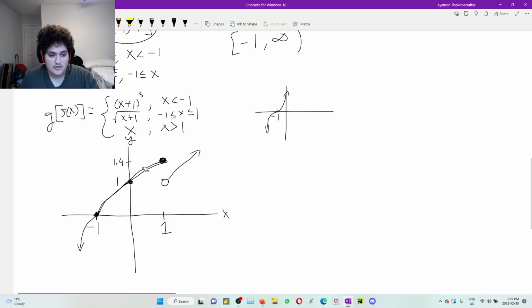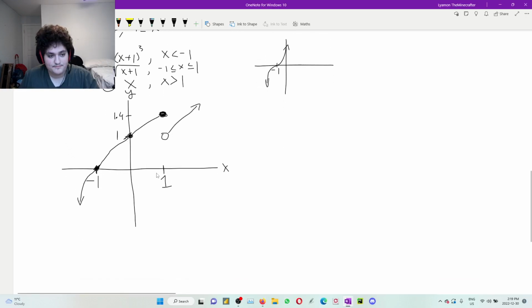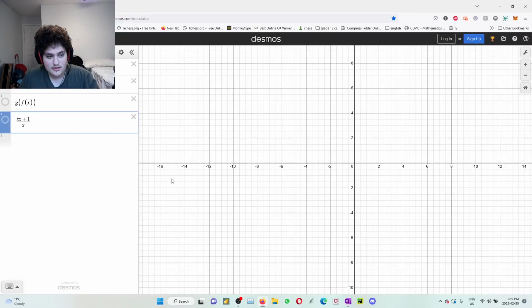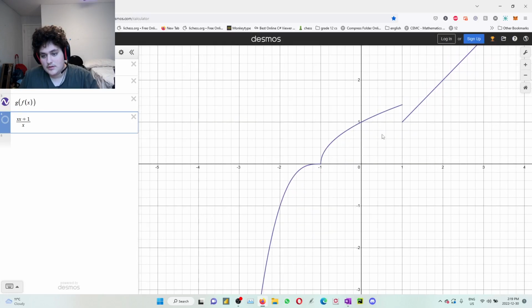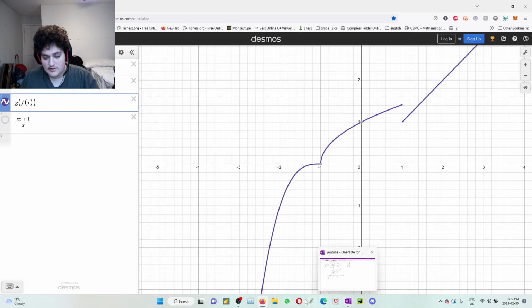I would redraw this real quick. Something like this. So let's see how good our drawing is. I just put f of x and g of x here and here. So g of f of x looks like this. This is around 1.4, right? This is our 0, 1 point that we have over here.